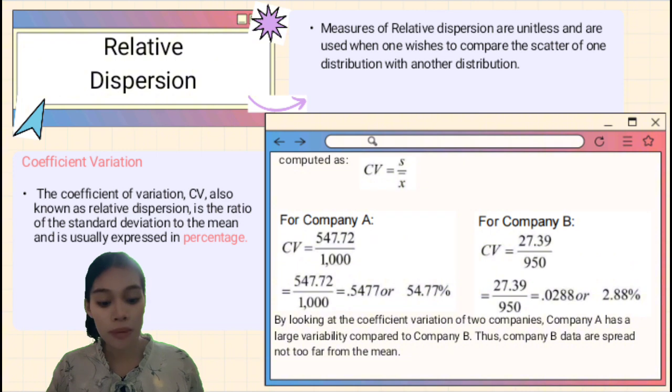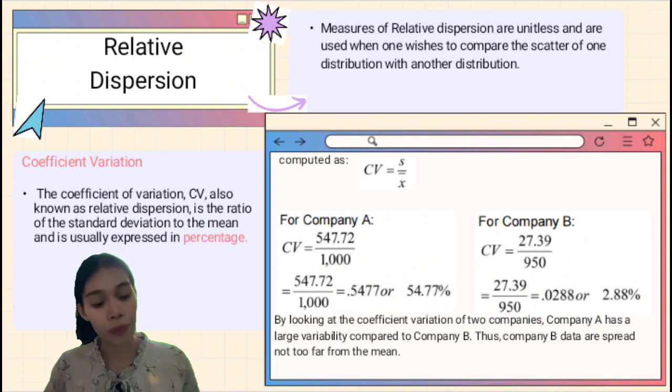So for company B, using the same formula, the standard deviation is 27.39 divided by their sample mean, which is 950. So we will divide it and we will get 0.0288, or in percentage form, 2.88%.